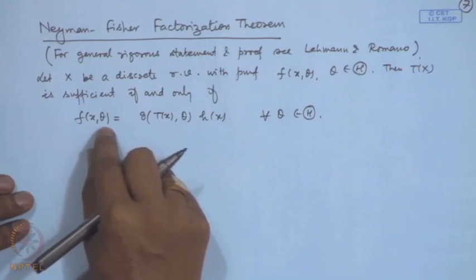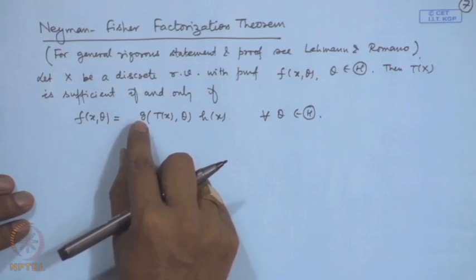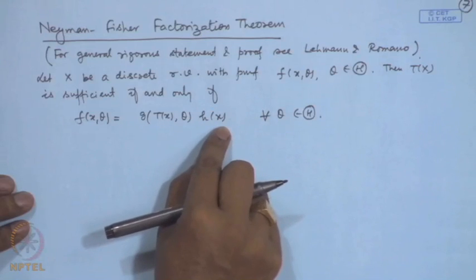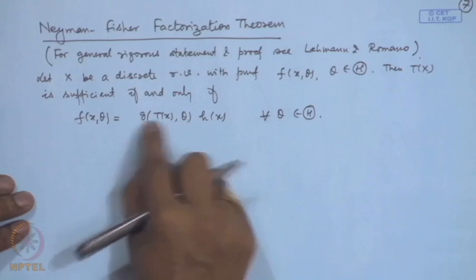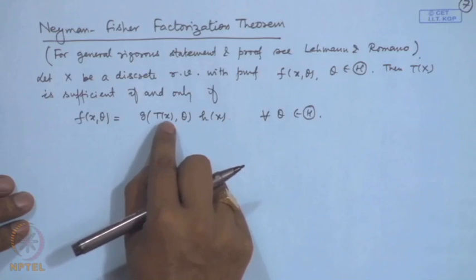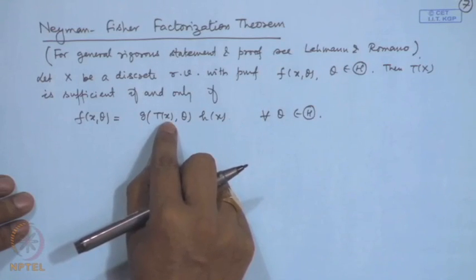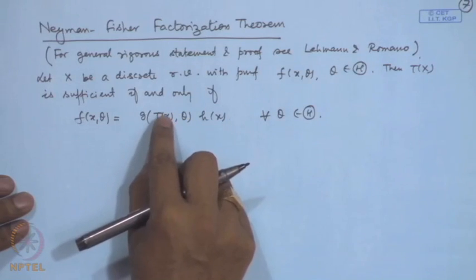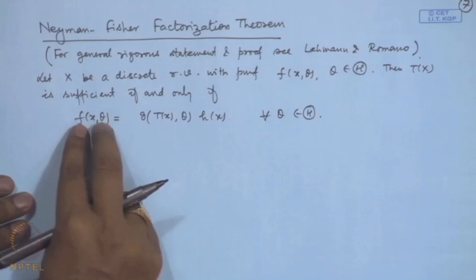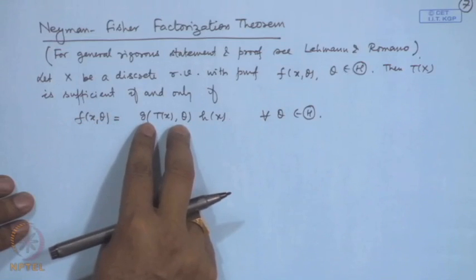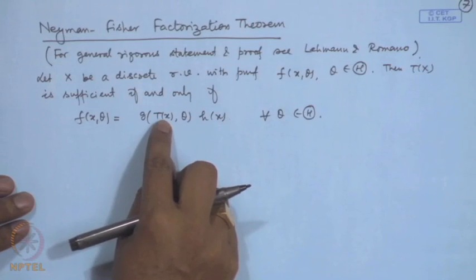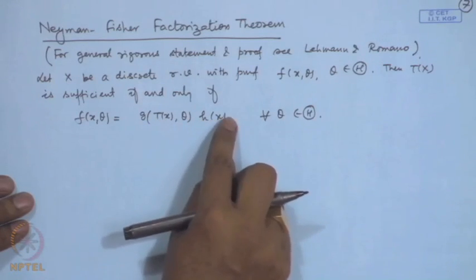What I am saying is the distribution can be written as a product of two terms g and h, where h is a term where the parameter does not appear. In the term g, the parameter theta appears, but the appearance of x is through T alone. So, if that is happening, then we say T is sufficient. So, the factorization means that the part of the distribution where the parameter is involved should involve only the sufficient statistics in the form of variables, and the other term should be free from the parameter.